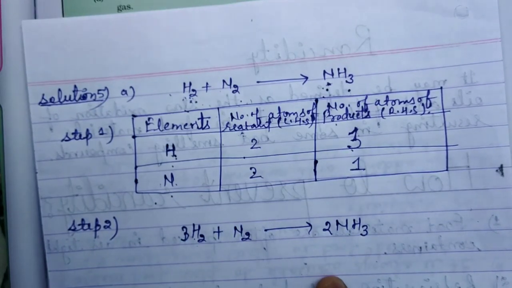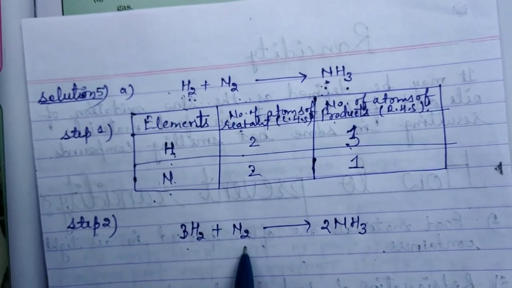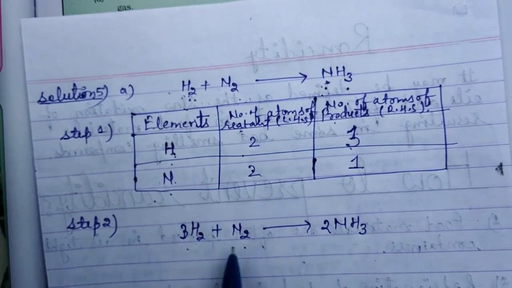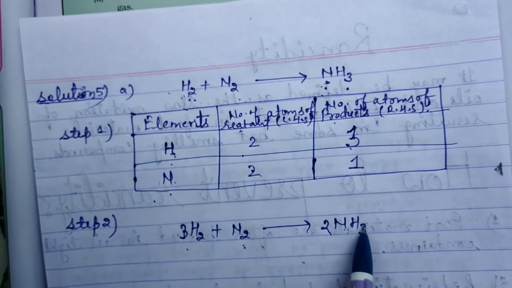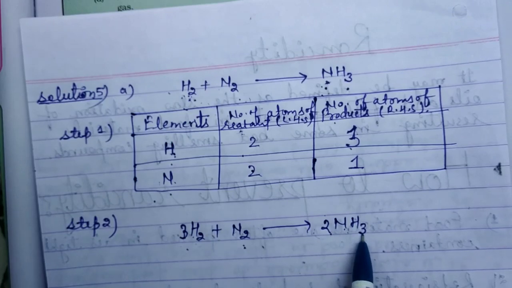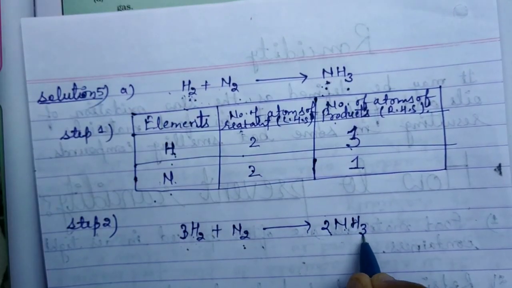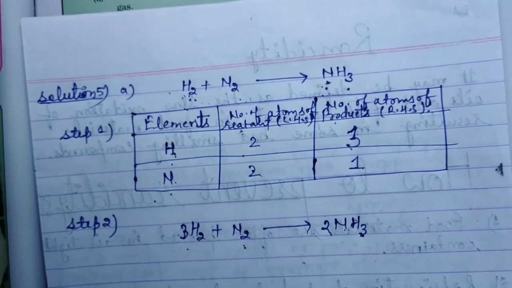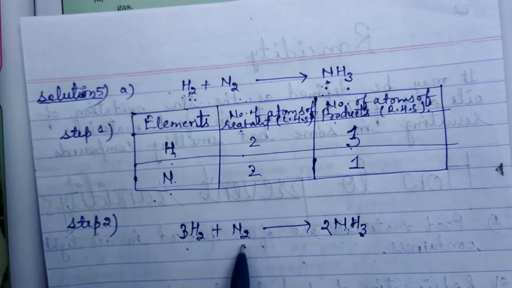Now it is balanced. 3 H2 gives 6 hydrogen, and here N2, okay, nitrogen is 2, here nitrogen is also 2, and for hydrogen, this coefficient will always be multiplied, okay, so it will give 3 H2 as 6 hydrogen. Now on counting, the number of nitrogen atoms on both sides of the equation are also the same.